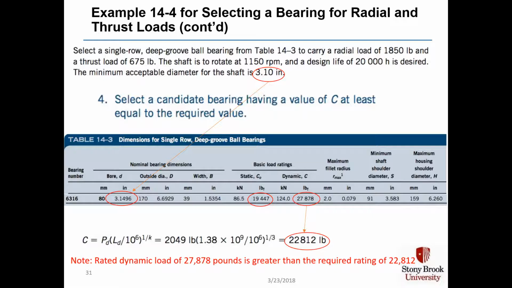And you notice here that bearing number 6316 has a dynamic load rating, a bigger number, of 27,878 pounds. It also has a bore diameter of 3.496 inches, which is slightly greater than the 3.1 inches for the minimum acceptable diameter. Therefore, we can use bearing number 6316.